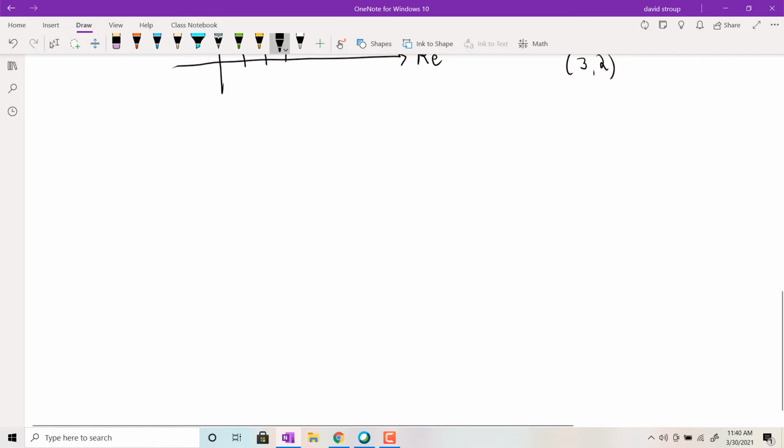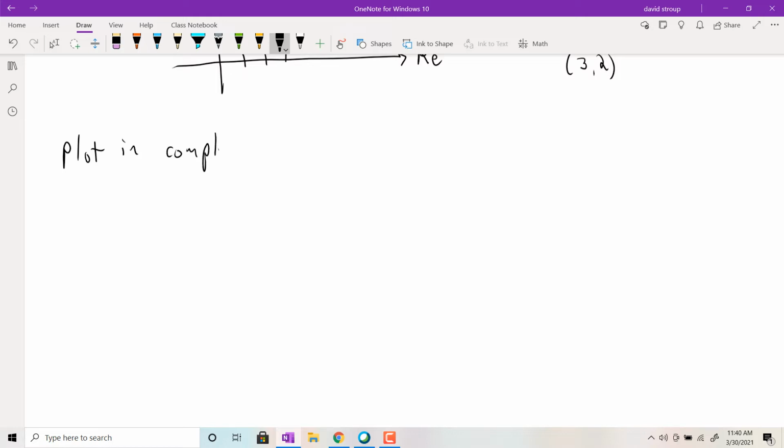Okay, so let's just look at plotting a couple of these. So the first couple of problems, plot the complex number in the complex plane. And let's plot them all on the same plane so we don't have to keep replotting.